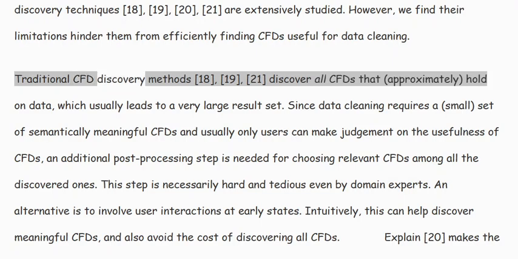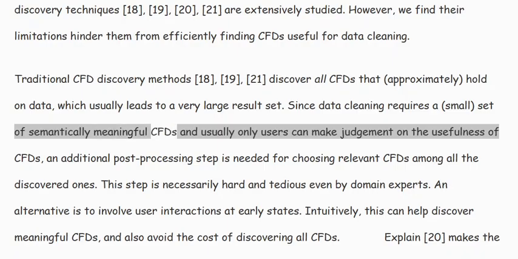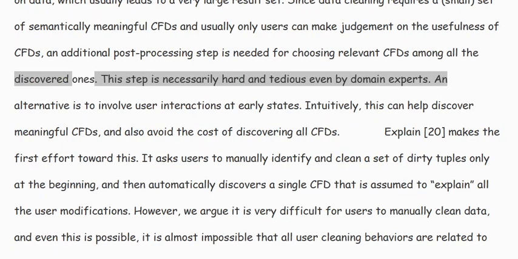Traditional CFD discovery methods [18, 19, 21] discover all CFDs that approximately hold on data, which usually leads to a very large result set. Since data cleaning requires a small set of semantically meaningful CFDs, and usually only users can make judgment on the usefulness of CFDs, an additional post-processing step is needed for choosing relevant CFDs among all the discovered ones.